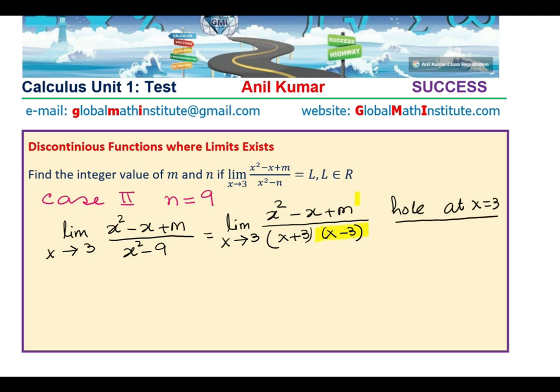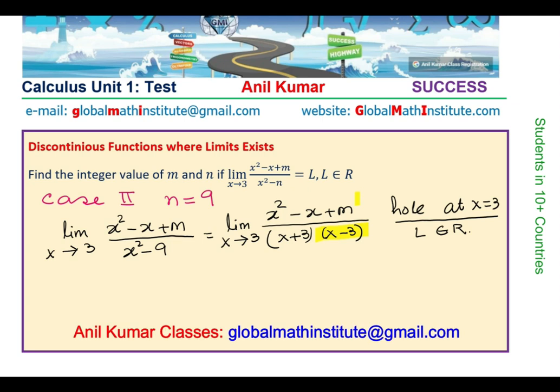In that case, the limit will exist, then L belongs to real numbers. Otherwise, the limit will not exist. So since we want a hole at x equals 3, we are looking for a common factor. So the numerator x square minus x plus m should be equal to 0 for x equals 3. Let's substitute the value and check.